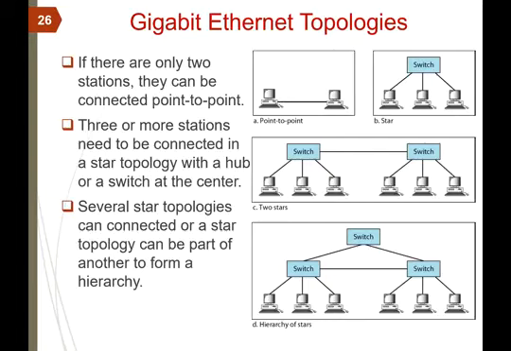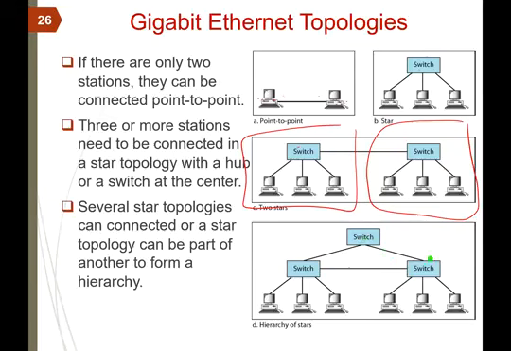Gigabit Ethernet topologies. If you have again two devices, you can just make a point-to-point connection, and you don't need a switch or hub. If there are two or more, you can use a switch. You can use, you see here, a switch connected to another network, and then connect them together. You can use a hierarchical topology here, for example.